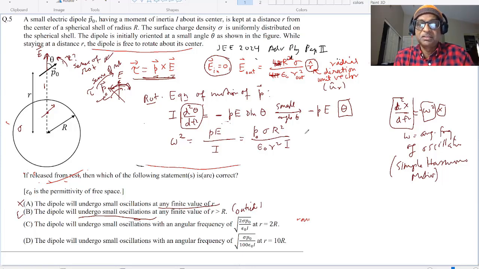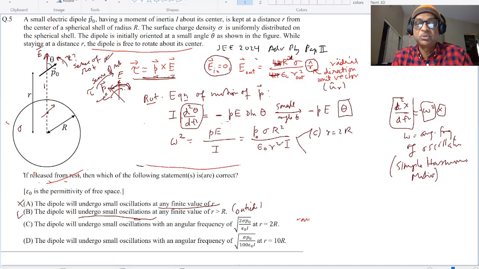Omega will be the square root of this. Omega is positive, so I don't have to do the square root. If you want to do the square root, that can save time. But so there are two for C. I have to check for R equals 2R.